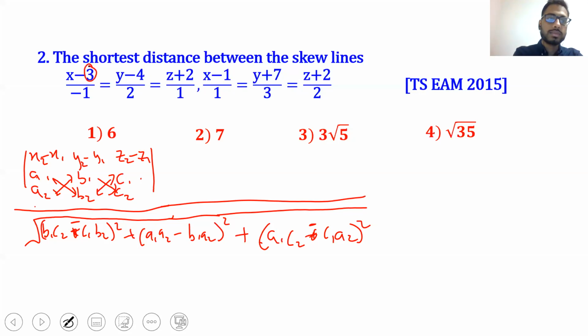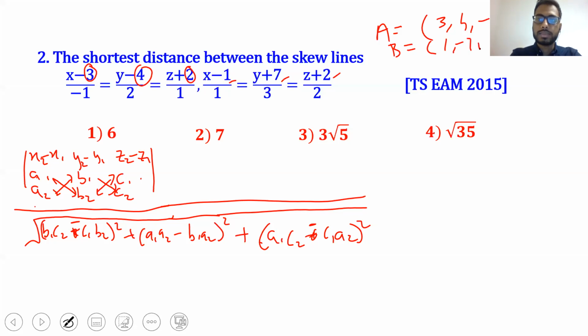It's given in this format: x minus x1 upon a, y minus y1 upon b, z minus z1 upon c. So comparing, I can say that my point 1 is going to be 3, 4 and minus 2. Similarly, my point 2 I'll get from this, which is 1, minus 7, minus 2.